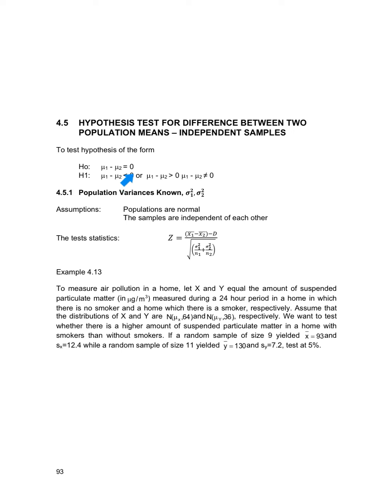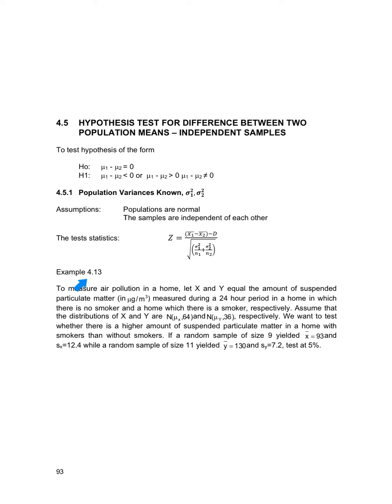If there is none, we put zero. So z equals x bar 1 minus x bar 2 minus d over the square root of sigma 1 square over n1 plus sigma 2 square over n2.